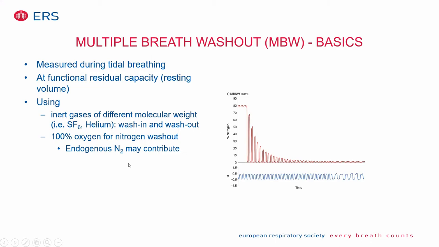And the alternative is a nitrogen washout. If you substitute the room air by oxygen, then you can wash out all the nitrogen which is in the lungs. What you have to know, if it takes very long, endogenous nitrogen from the mucosa may contribute to your measurement.